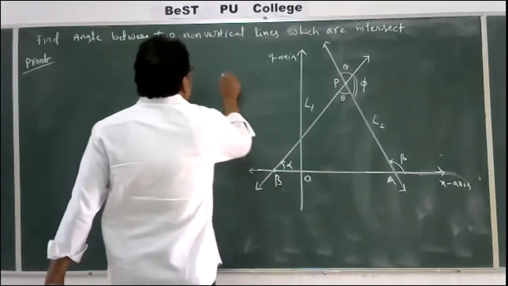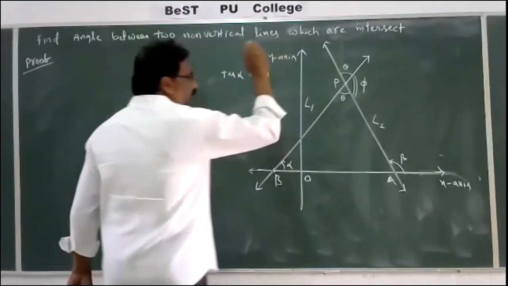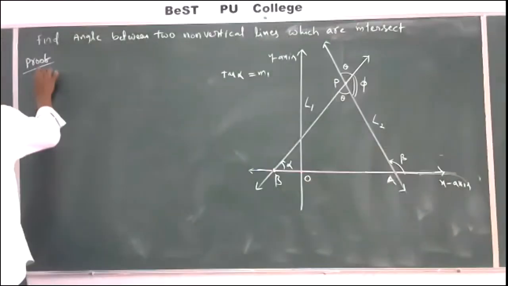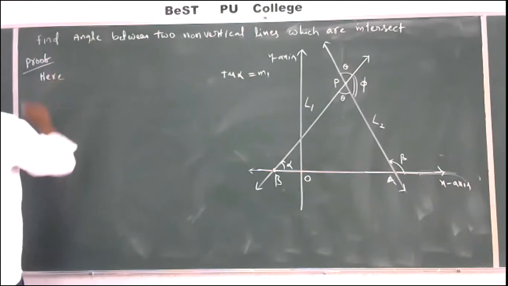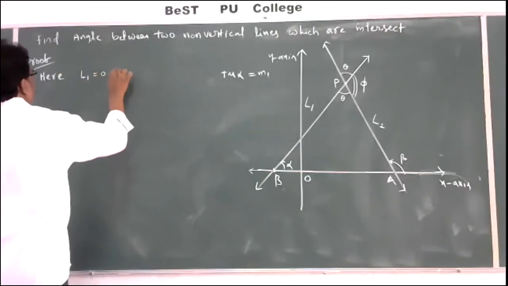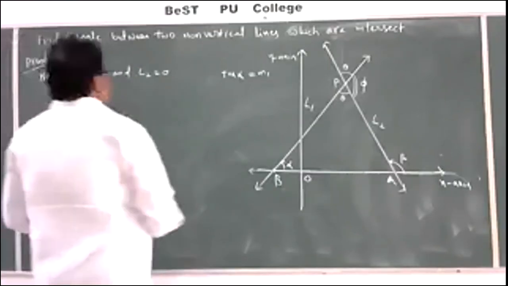That's why tan alpha is equal to the slope of L1, that is called m1, right? Here proof. Here L1 is equal to 0 and L2 is equal to 0.